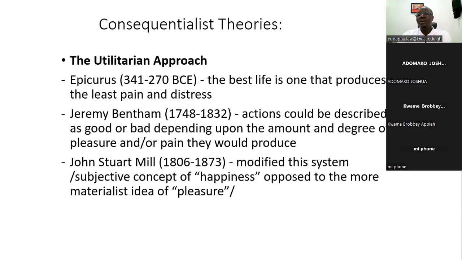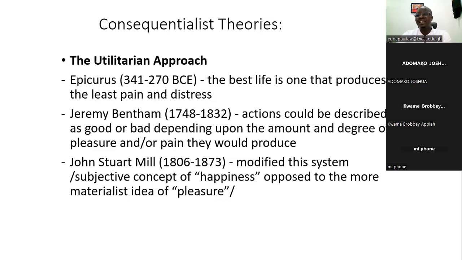Another contributor to the utilitarian approach is Jeremy Bentham, whom you've met earlier on in your jurisprudence or legal philosophy. According to Bentham, actions could be described as good or bad, depending upon the amount and degree of pleasure and or pain they will produce.